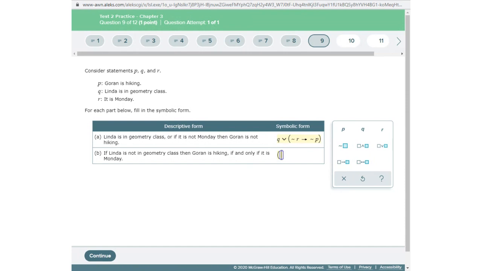Linda is not in geometry class, so that's not Q. Then Goran is hiking, so P. And then if and only if it is Monday. All right. Does that make sense?